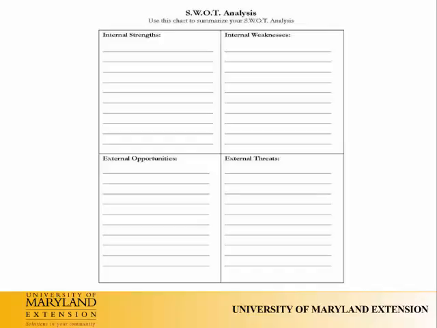You can look at your weaknesses and see, well, maybe we need to address some of these, and then looking at the external threats can help you make a plan for the future. So again, cataloging these, you'll see how some of them relate. Sometimes it might be a strength and a weakness, but going through a SWOT is extremely helpful in identifying internal and external issues to the business.